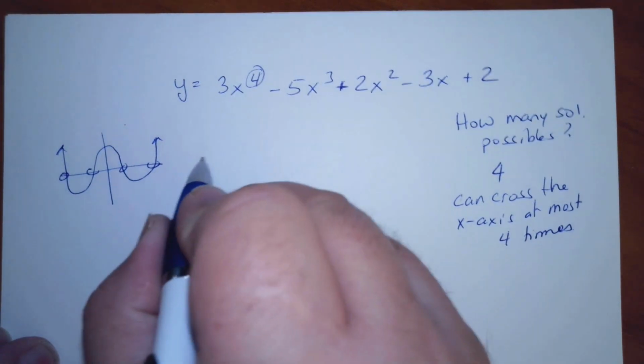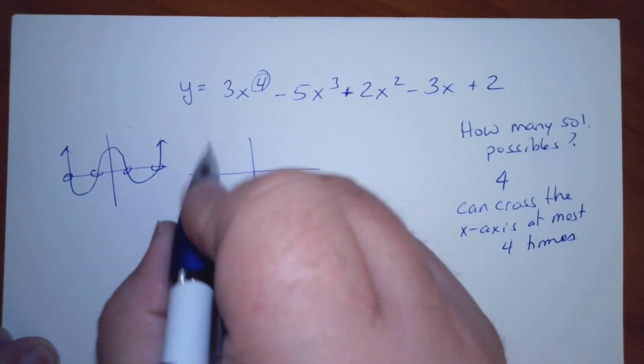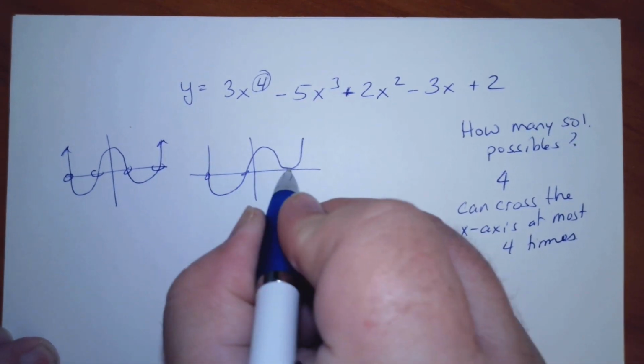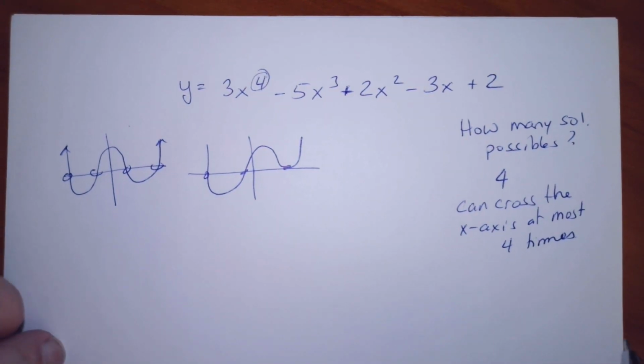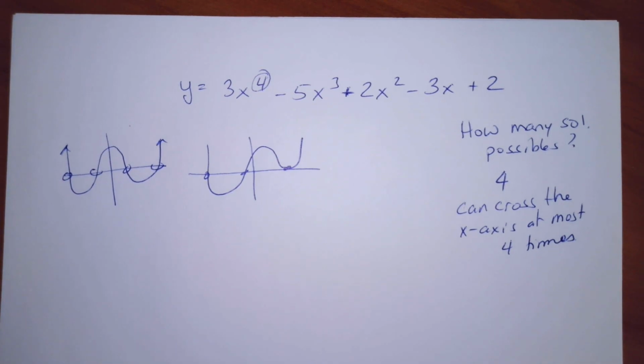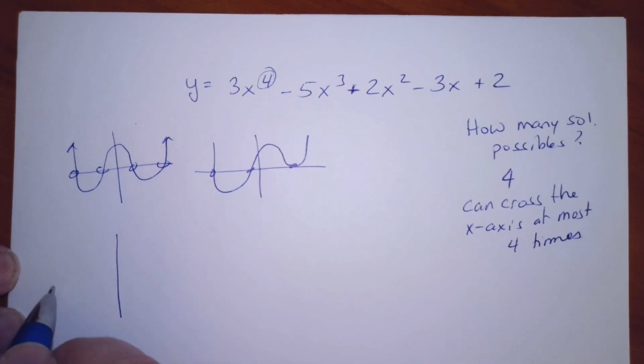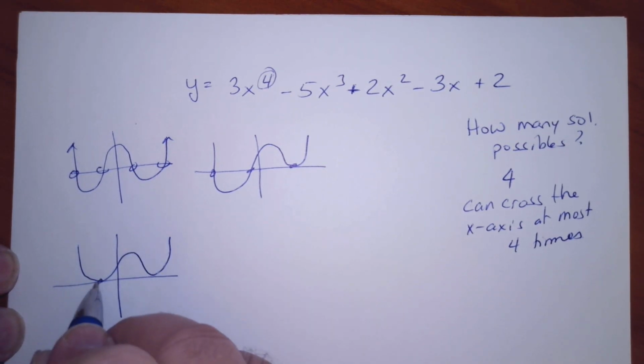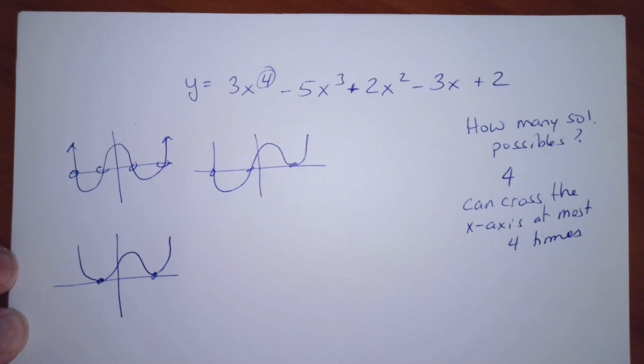Or the graph could look like this. 1, 2, 3. Or it could look like this: 2 solutions.